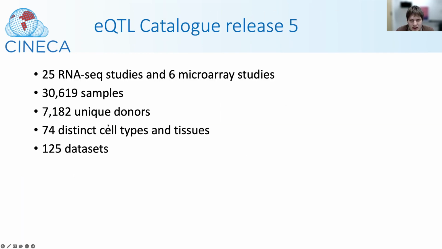So currently, the eQTL catalog, so the latest release 5, contains 25 RNA sequencing studies and 6 microarray studies, which means we have uniformly processed around 30,000 samples from more than 7,000 donors. We cover 74 distinct cell types and tissues, and as a result, we have data from 125 data sets.